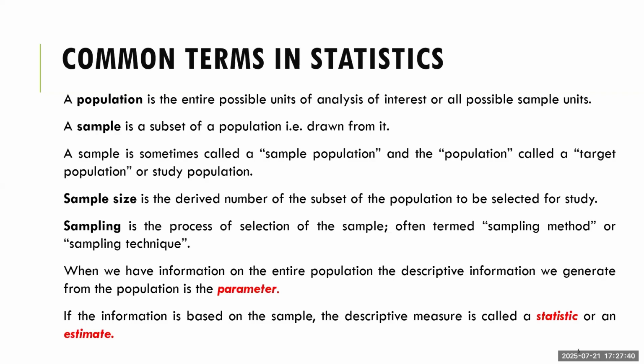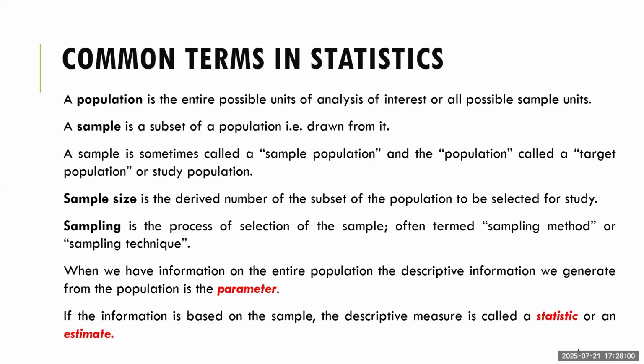But most times we work with samples. Let's say we have sampled 500 from the population, and then we have the mean weight. That estimate from the sample is known as the sample estimate.